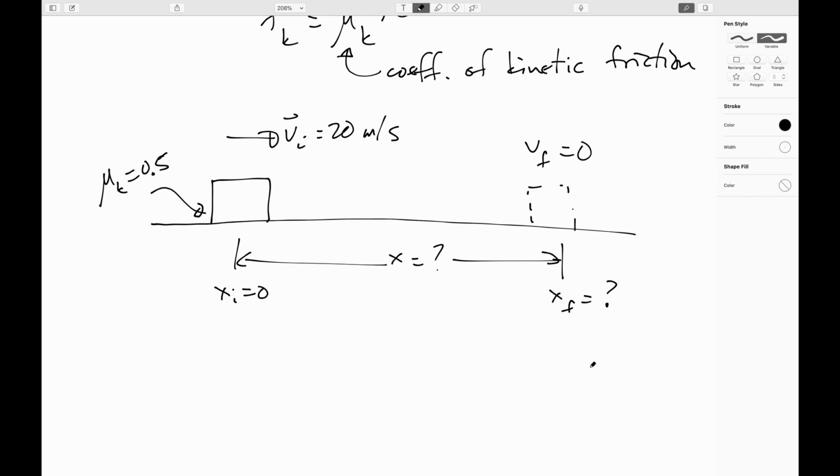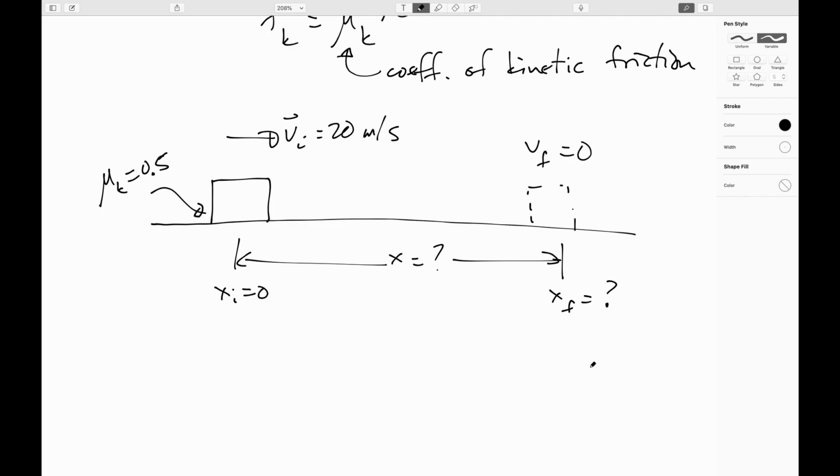And your instinct would be to solve it with kinematics, but then you look at it and realize you're being asked to find x, so that's not missing. You are given v final, that's not missing. What you're not given is the time and the acceleration, so doggone it, you're missing too many things. So this means you have to go back a step and either get yourself the time it took to slide or the acceleration.